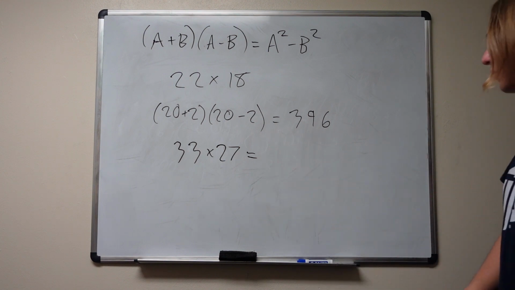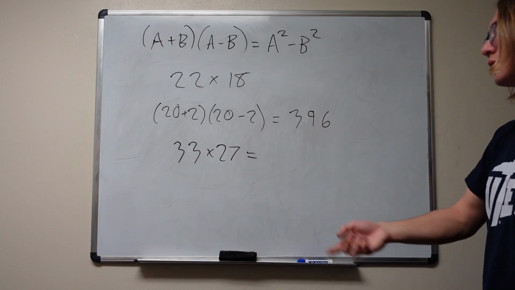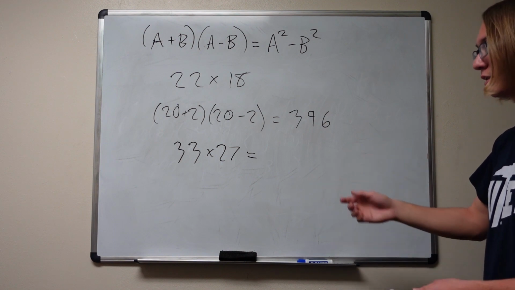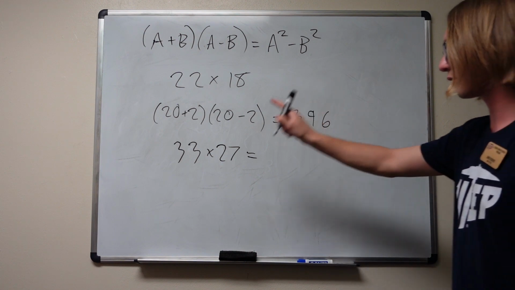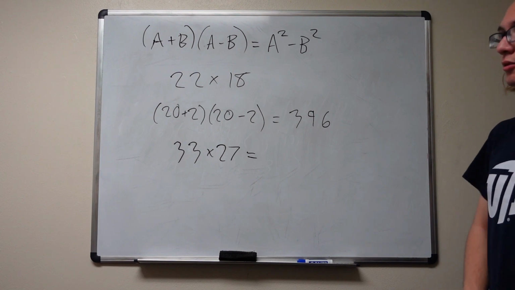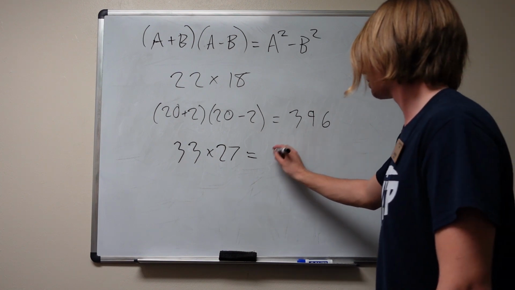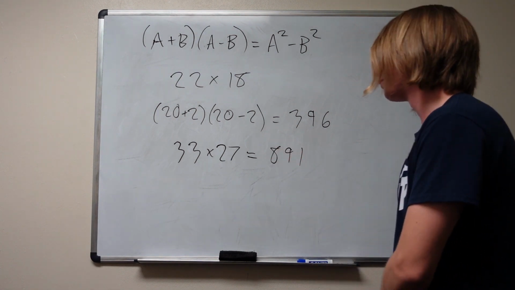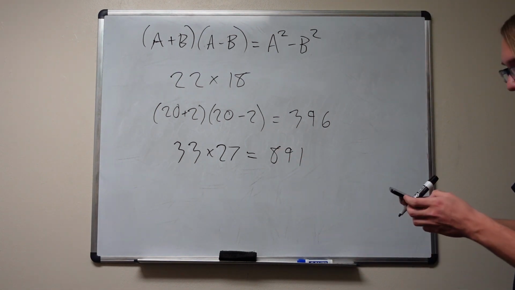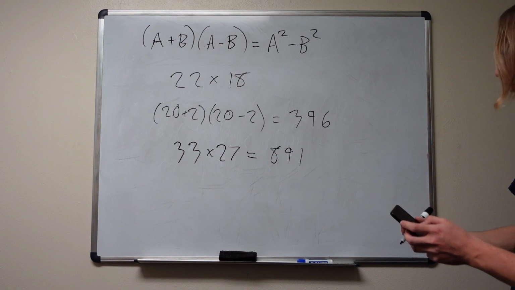So what we do is we take 30 and square it. 30 times 30 is 900. 900 minus 3 squared, 3 squared is 9. 900 minus 9 is 891. So 33 times 27 is 891.